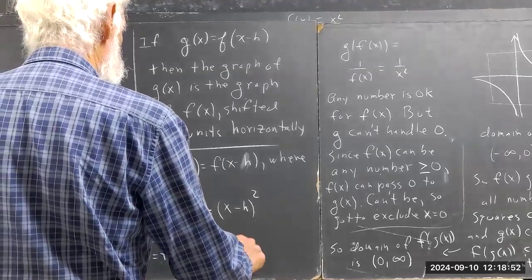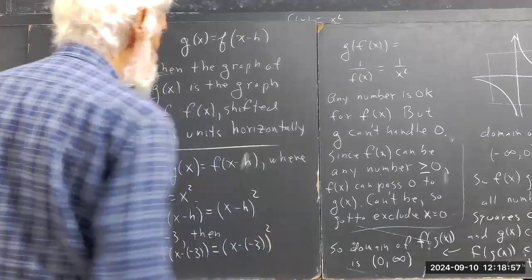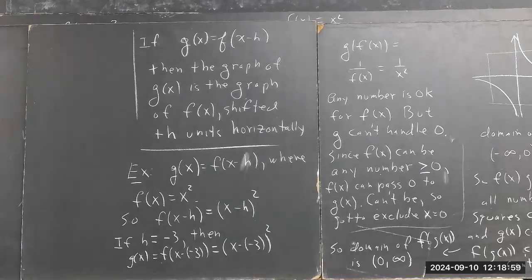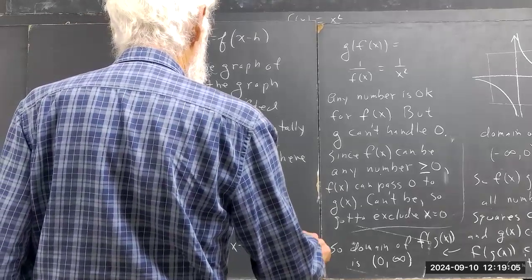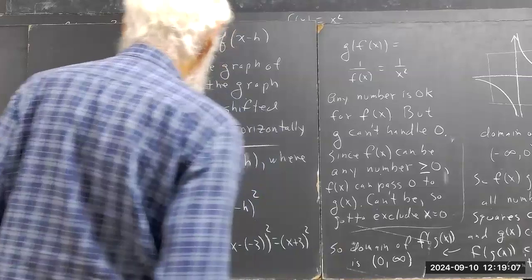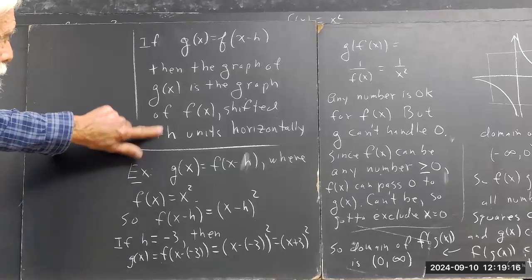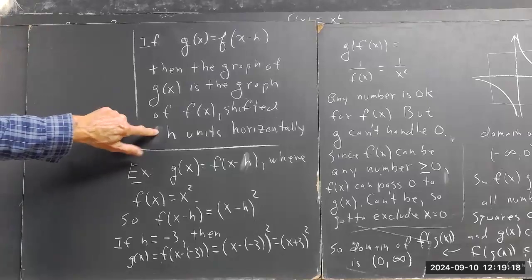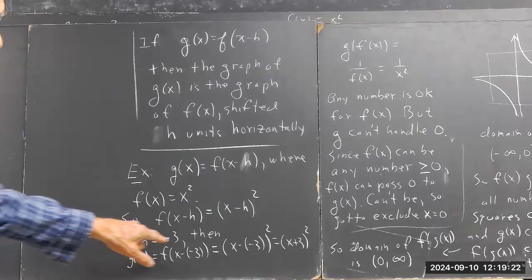Well, it equals x minus -3 squared, but can you simplify that? Well, minus -3 is x plus 3. Probably ought not to have the plus sign in front of that h, because that could be confusing. Okay, so h is -3.